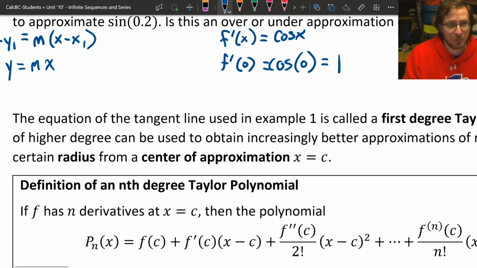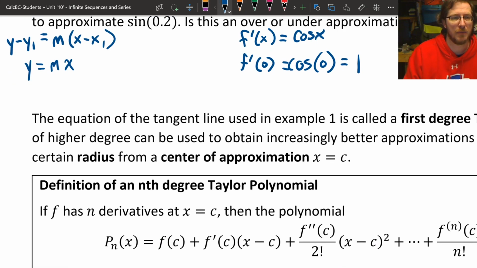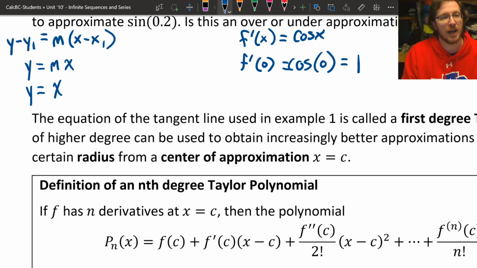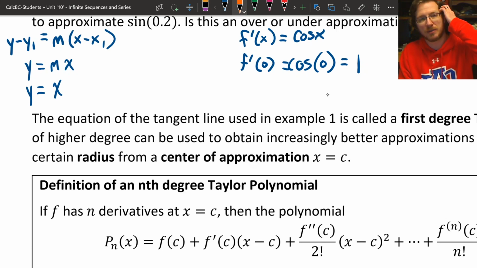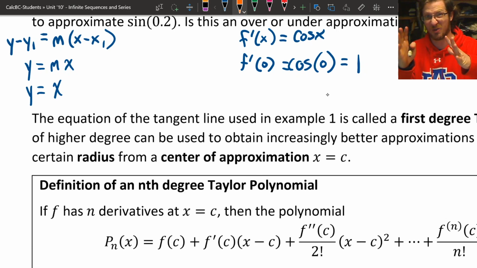All right, so that means our slope is 1. So that means our tangent line is just y equals x, or 1 times x. All right, so there is our approximator. Okay, so sine of x is approximately y equals x around that point.